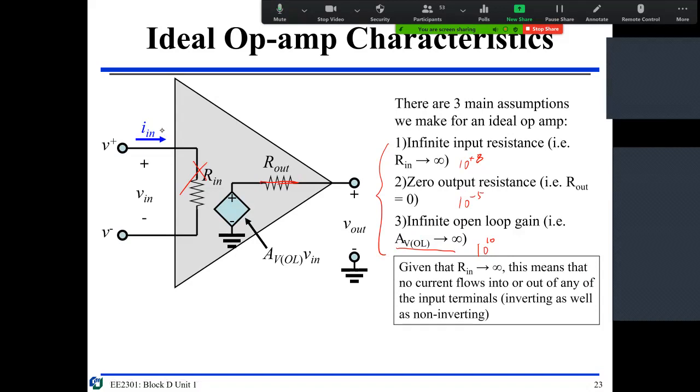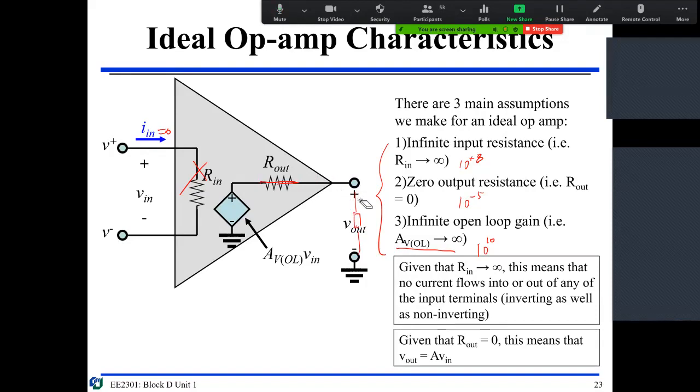So the current in here is 0. Okay. And also the current in here is also 0. No, I was wrong. So no, we cannot say that, because depending on the load you put here, you have load, you have current, okay?